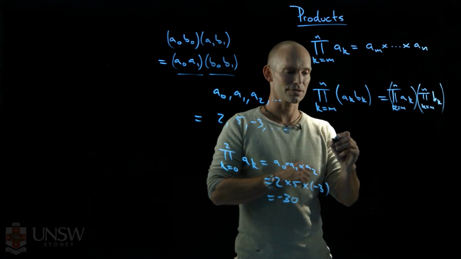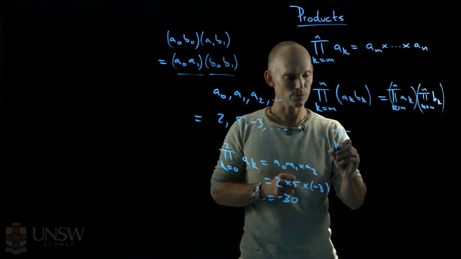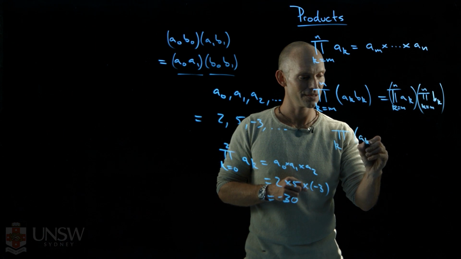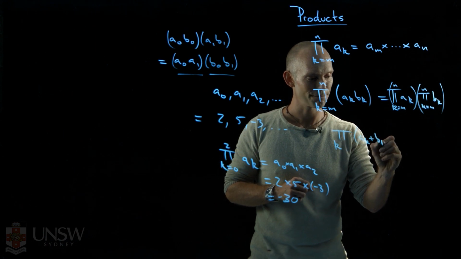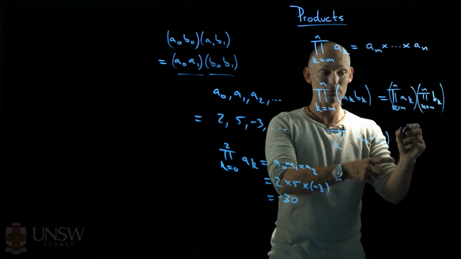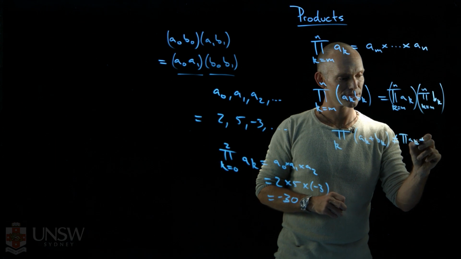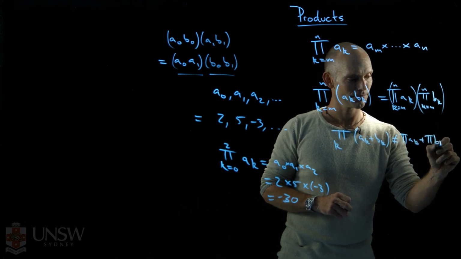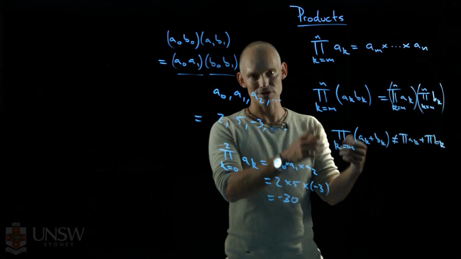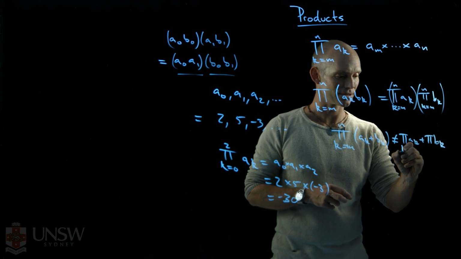This is true, but this sort of thing is not in general true. It sometimes is. So what I'm talking about here is if we replace the product here by a sum, AK plus BK, that is not going to be generally equal to the sum of the products here, AK plus BK, where the indices are all the same, because if we mix and match multiplication and addition, then things generally don't work out.